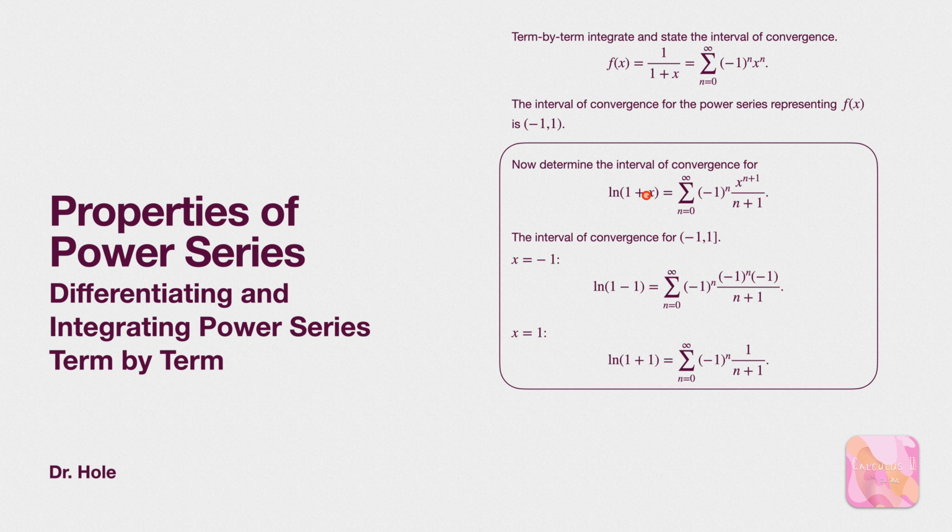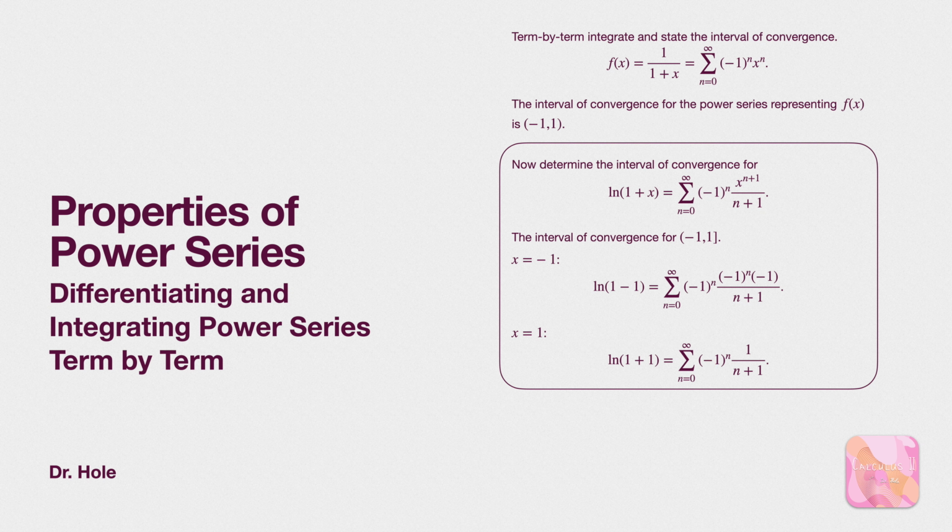How about at +1? Well, that's going to give us ln of 2. And then on the right-hand side, we'd have +1 to some power is just +1. And note that if we make an adjustment for the starting point of the index variable, this is exactly the alternating harmonic series.